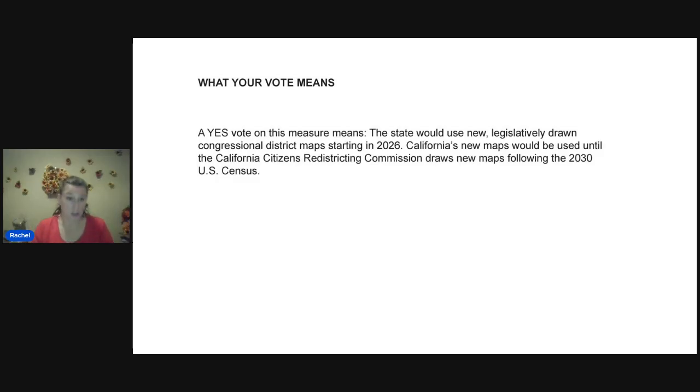And that would start in 2026, and California's new maps would be used until the California Citizens Redistricting Commission draws new maps following the 2030 U.S. Census, because that's when they usually do new maps, after a census, which is the 0 year.